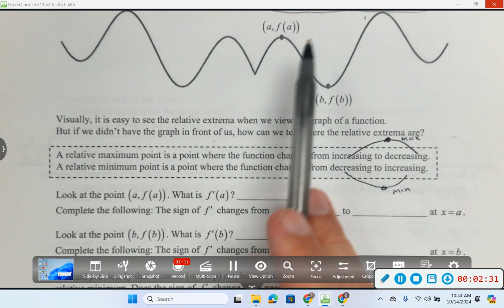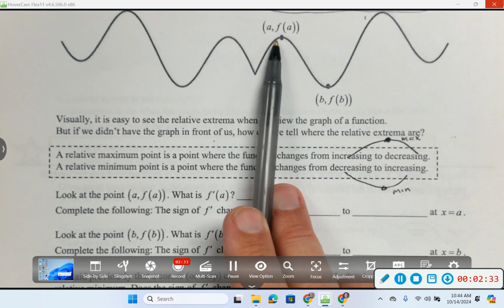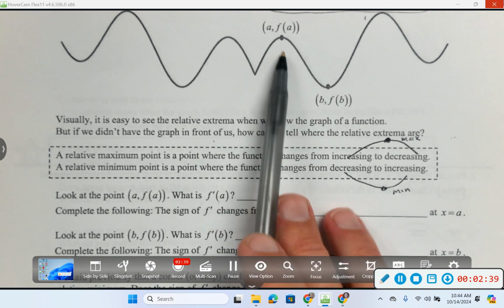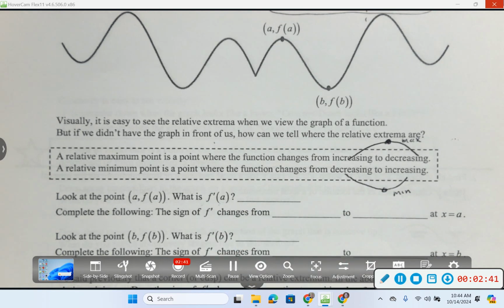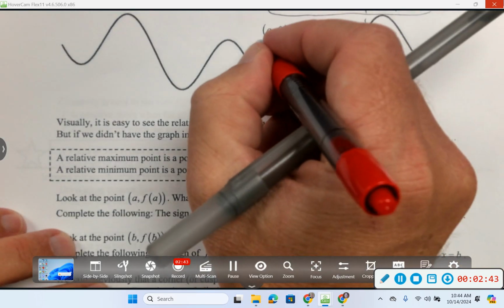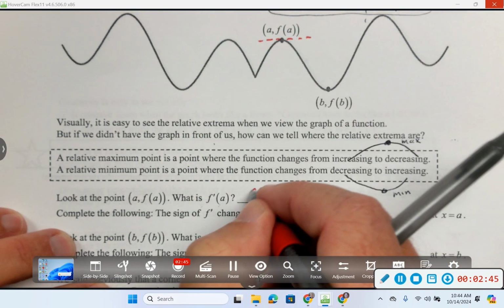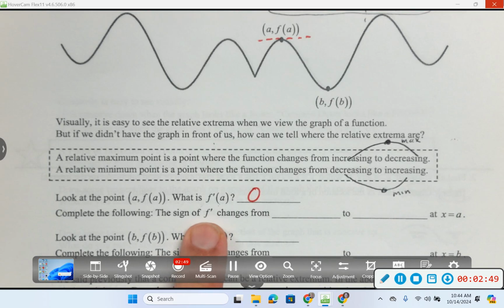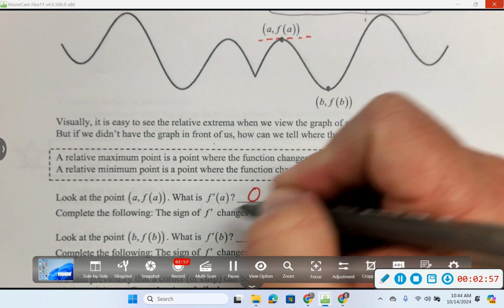All right, let's look at the point on our graph. Clearly it's a maximum. What is f prime at A? What is the derivative of f at A? 0. The slope of that tangent line is 0. And then the sign of f prime changes from what to what?